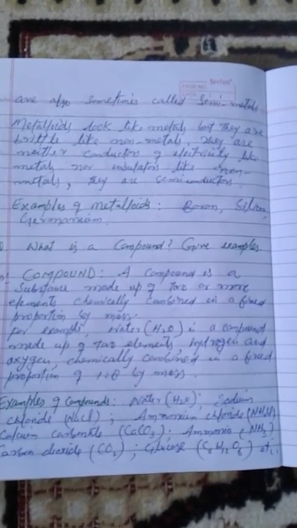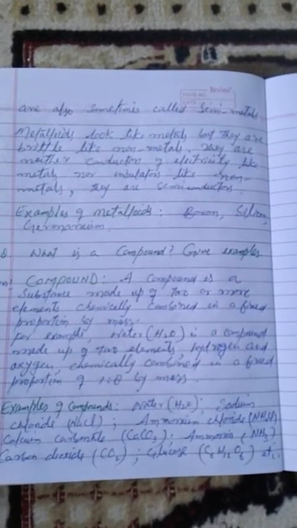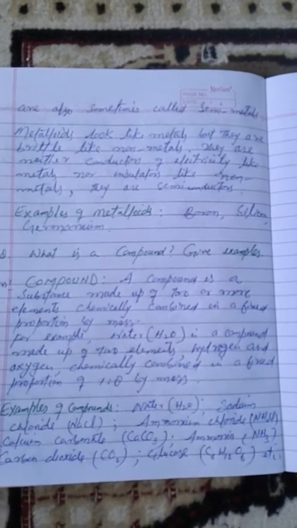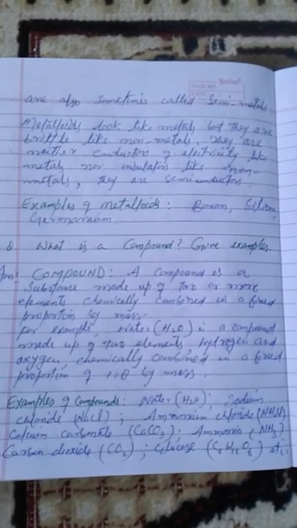Similarly, sodium chloride, that is common salt, it is made up of two elements, sodium and chlorine. Ammonium chloride, NH4Cl, is a compound made up of three elements, nitrogen, hydrogen and chlorine. Silicon dioxide is a compound made up of two elements, silicon and oxygen.